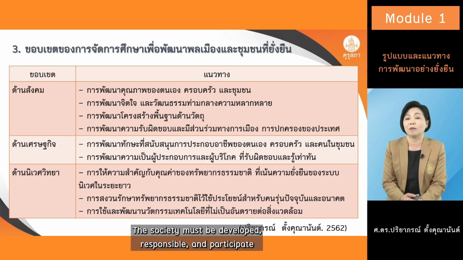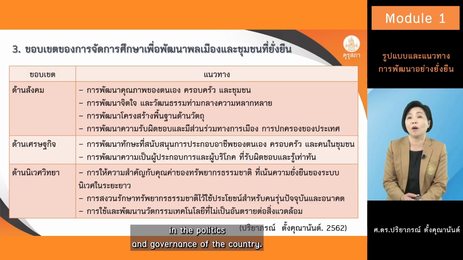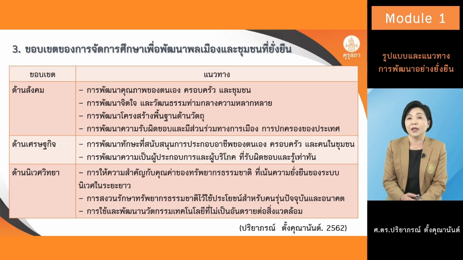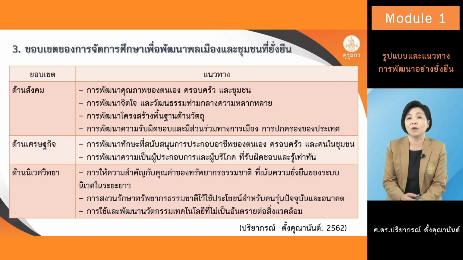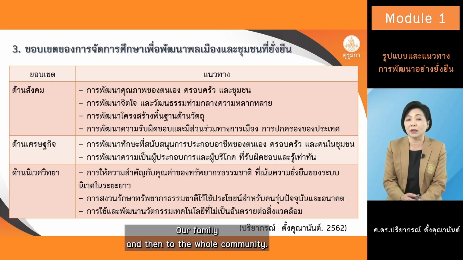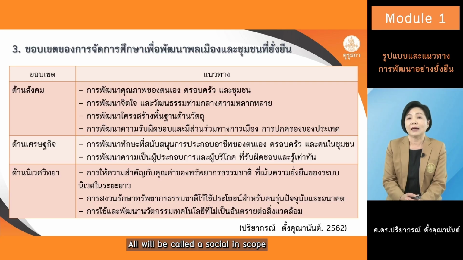Society must be developed, responsible, and participate in the politics and governance of the country. The word society here, the smallest unit in the society is each person. Then it will come to the household or family, and then to the whole community. All will be called society.